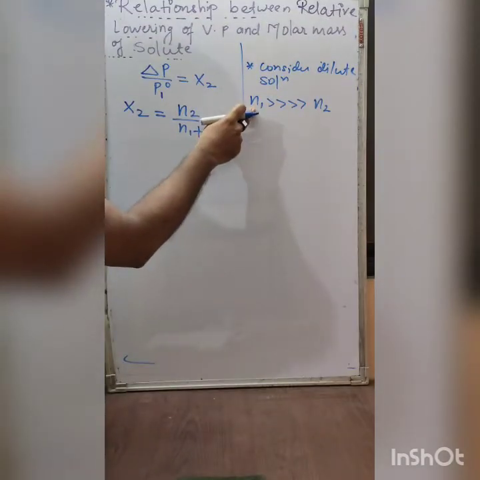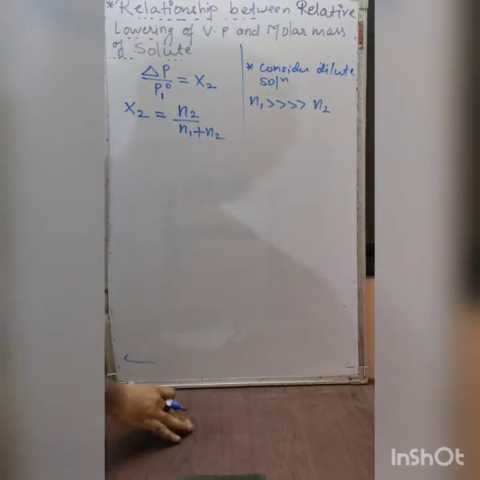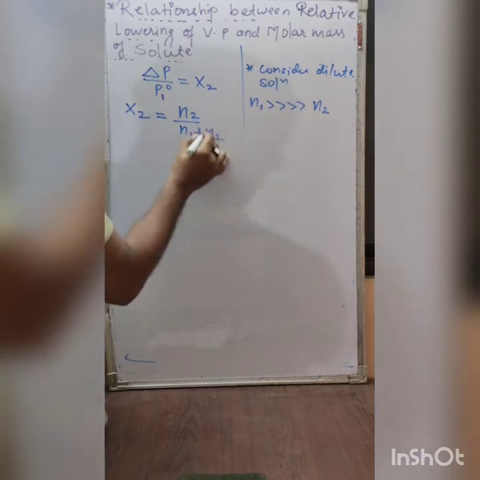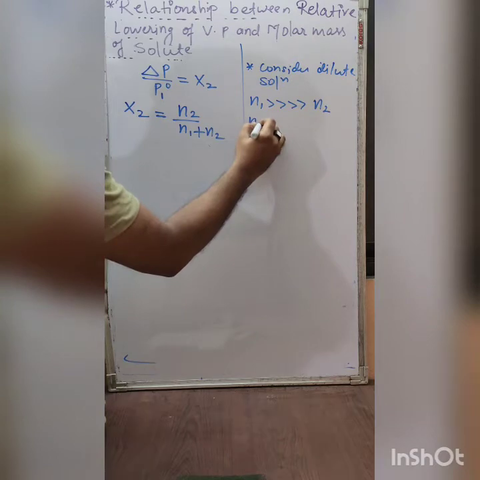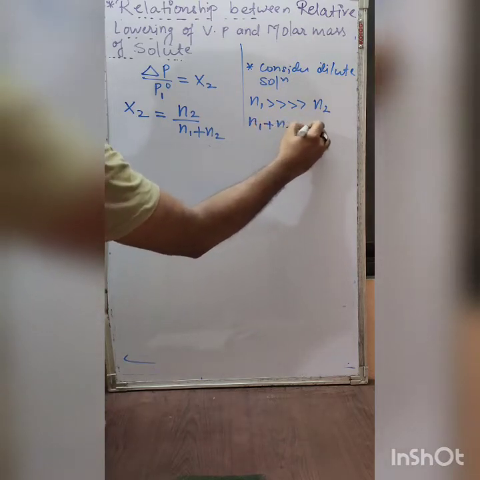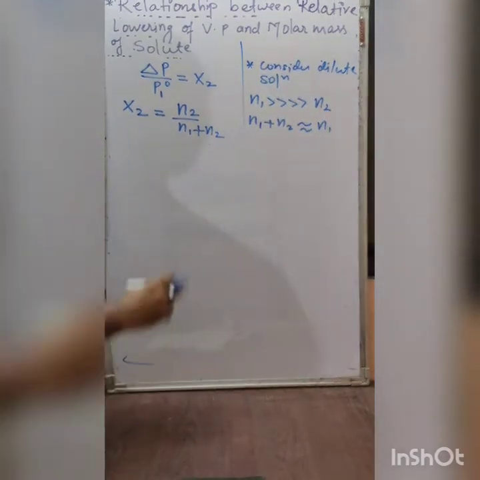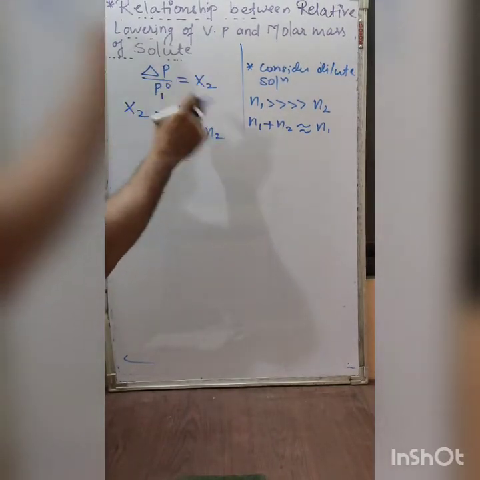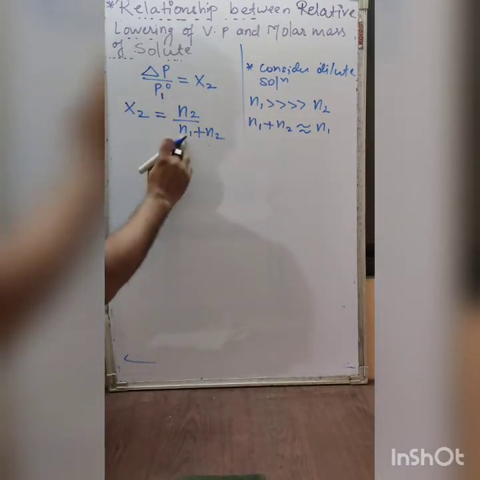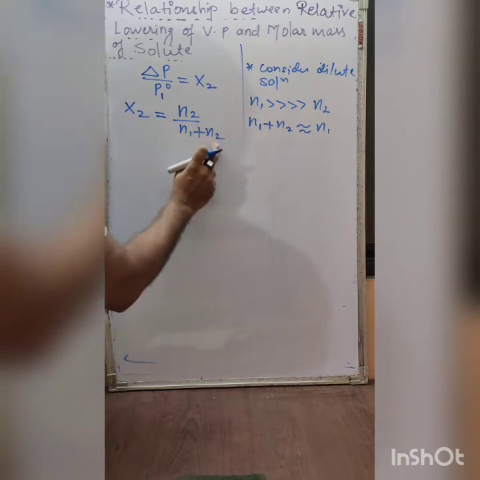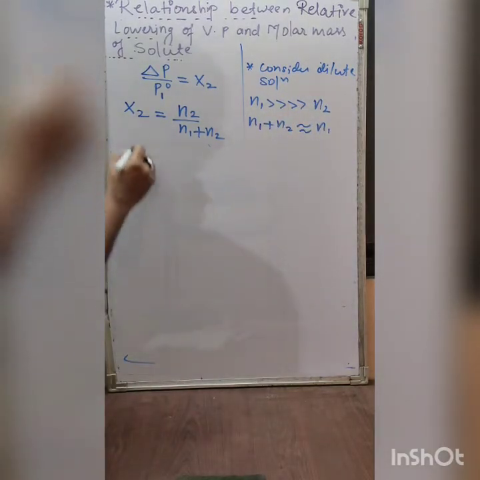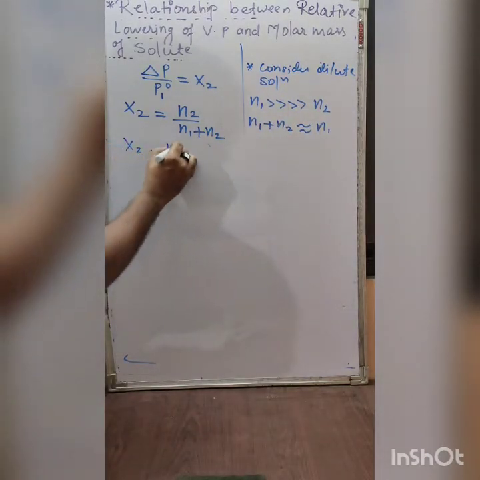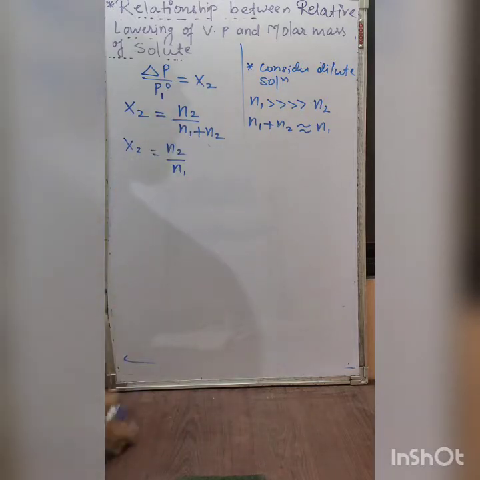Number of moles of solvent is greater than the number of moles of solute. So I can neglect this term, and say N1 plus N2 is nearly equal to N1. So X2 is equal to N2 upon N1.